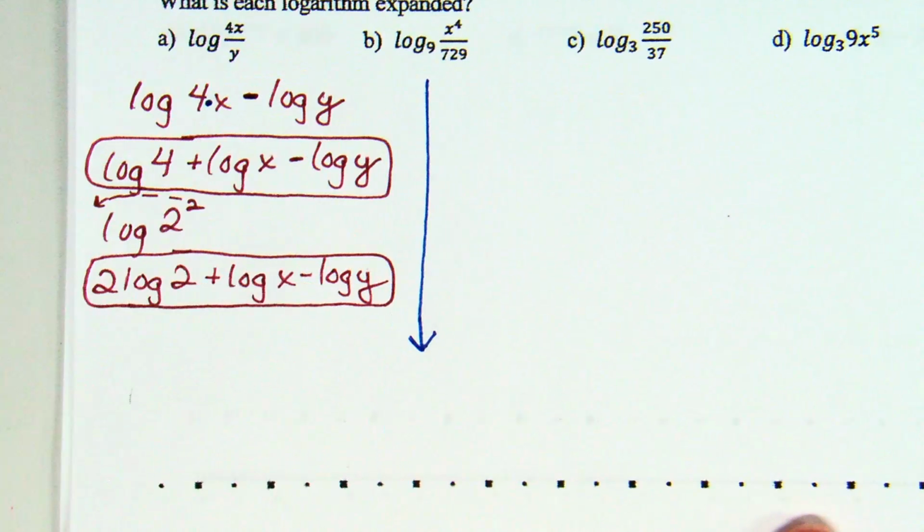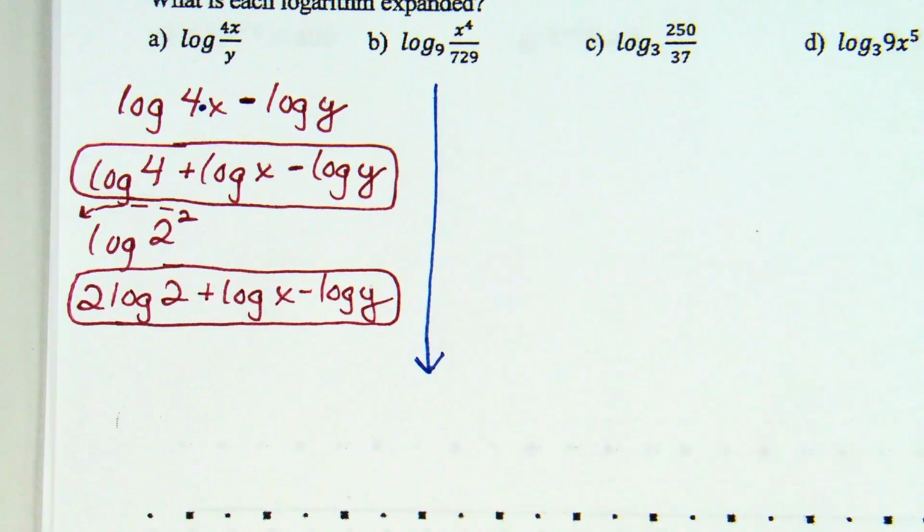So log base 9 of x to the 4th over 729. Do you see the obvious? Maybe I shouldn't use the word obvious, but I think it's kind of obvious. What do you see? Fraction bar.